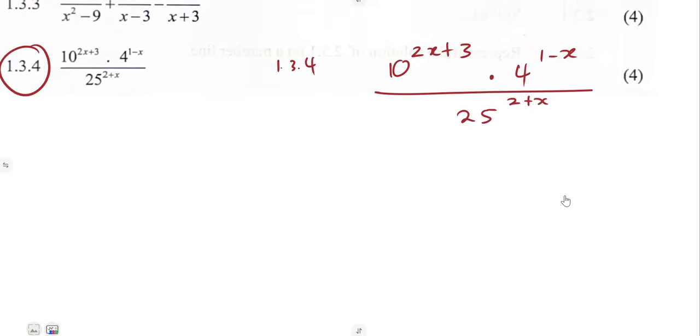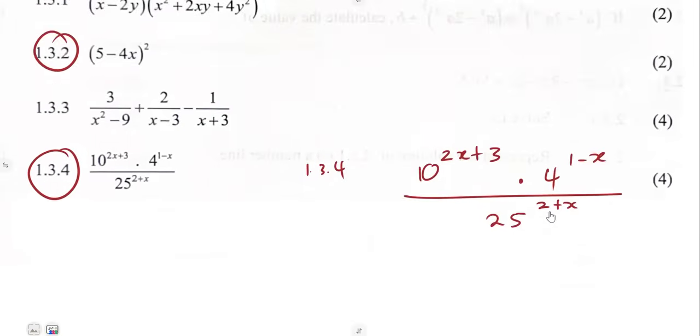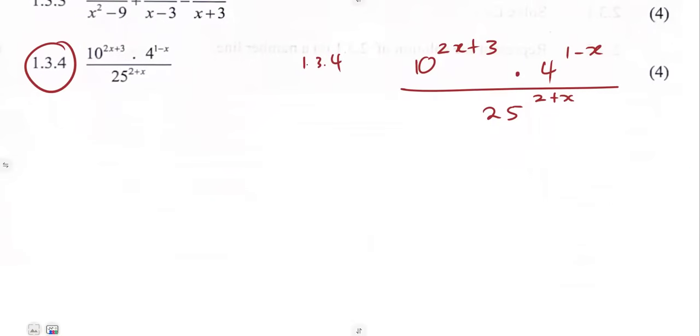All right, let me just change this font a little bit. All right, sorry for that. So this is 1.34. So this type of equation, you can easily simplify it by writing the given bases in a simplest form.